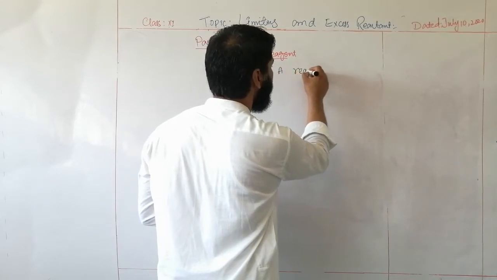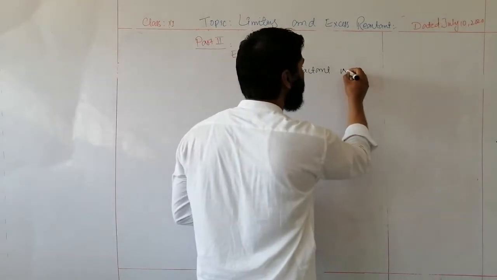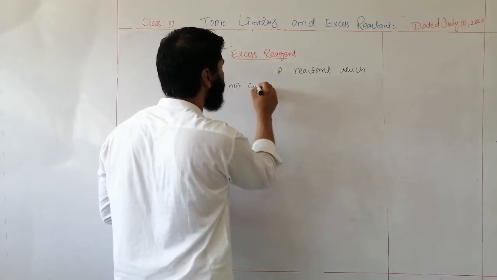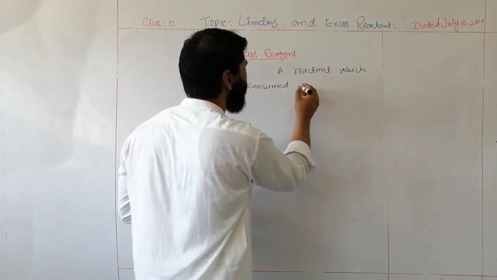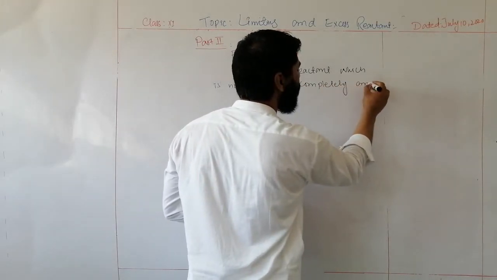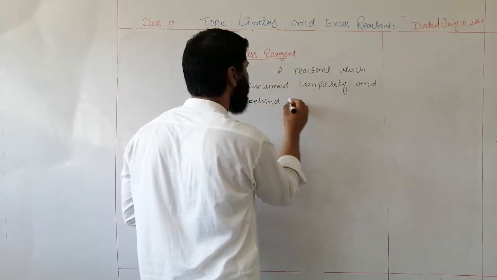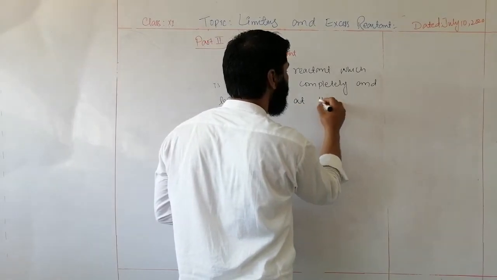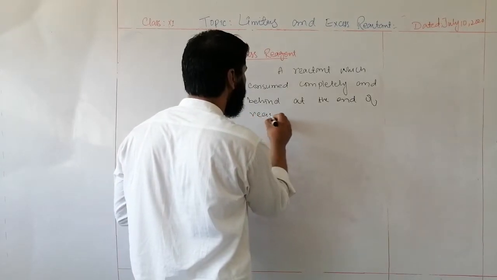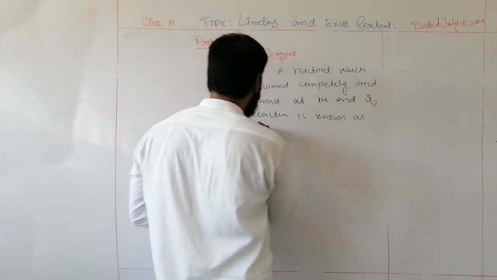First of all, we will define what is excess reagent. A reagent or reactant which is not consumed completely and left behind at the end of the reaction is known as excess reagent.